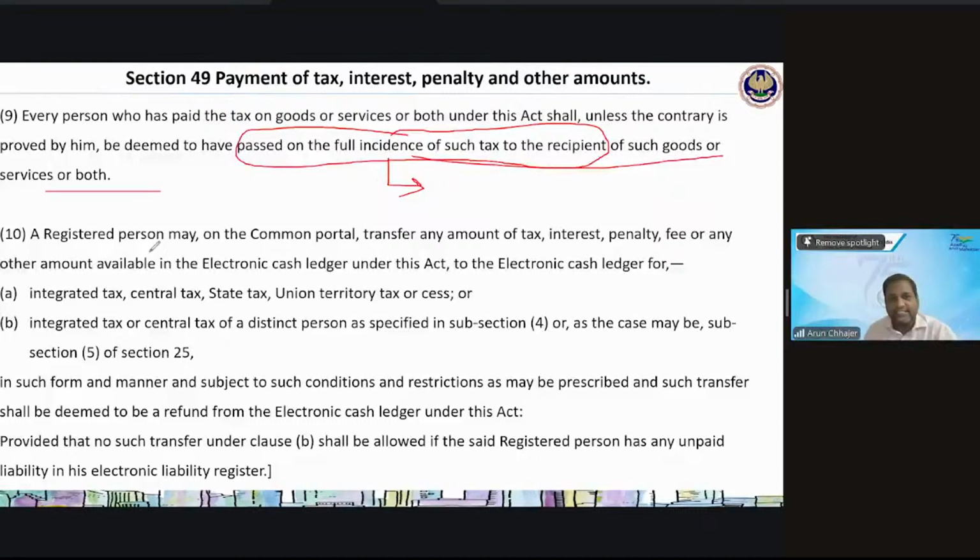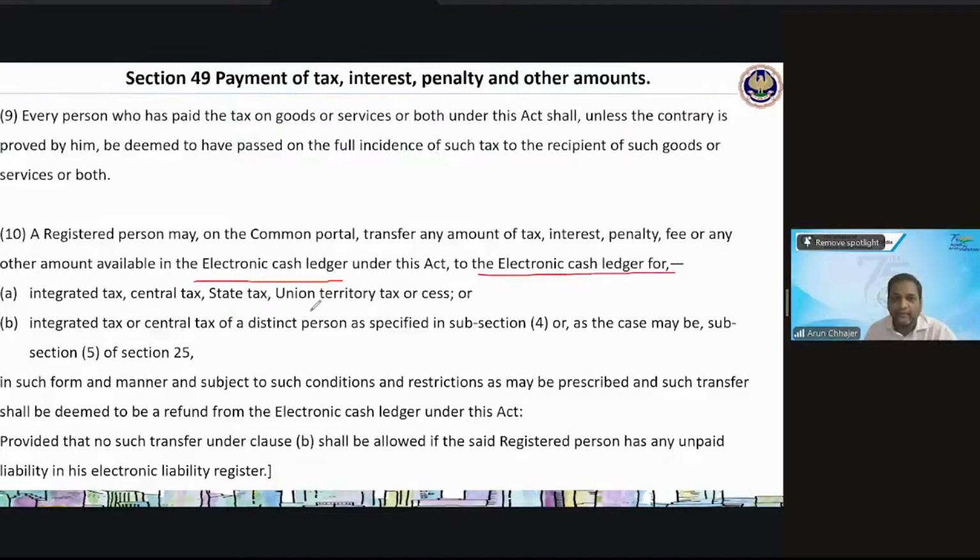A registered person on the common portal may transfer the amount of tax, interest, penalty, fee, or any other amount lying in the cash ledger to the cash ledger for the same GST number or another GST number of that distinct person.